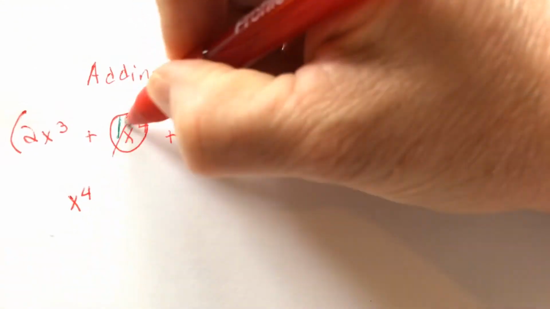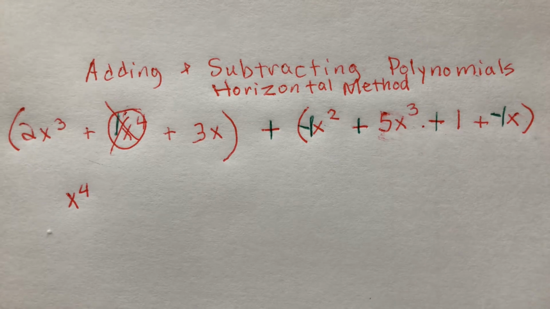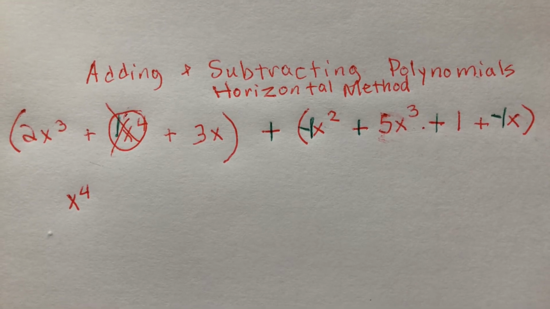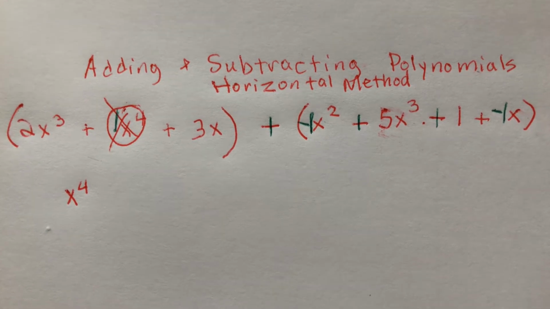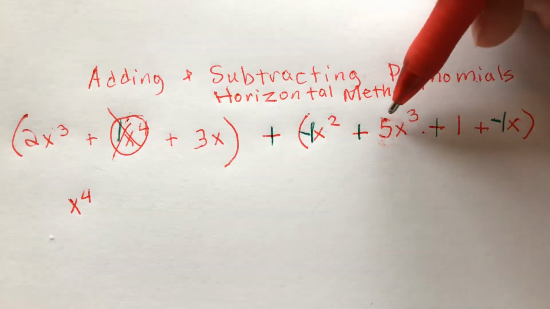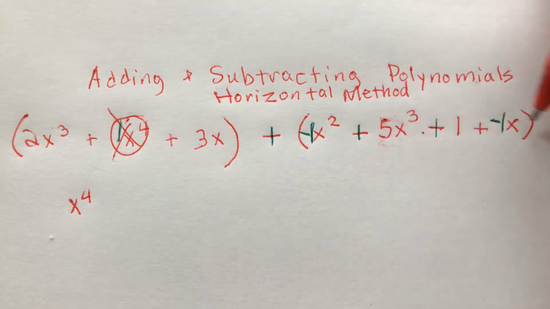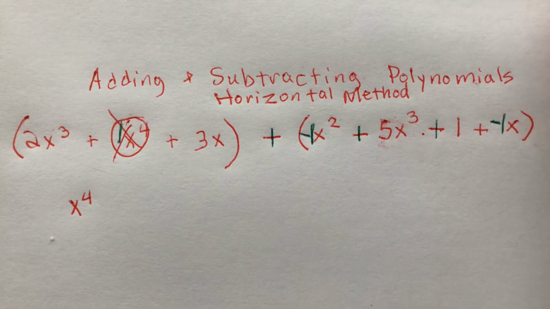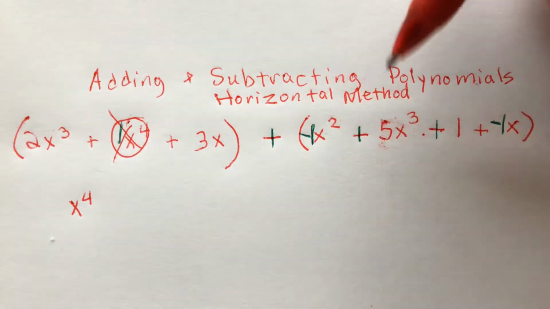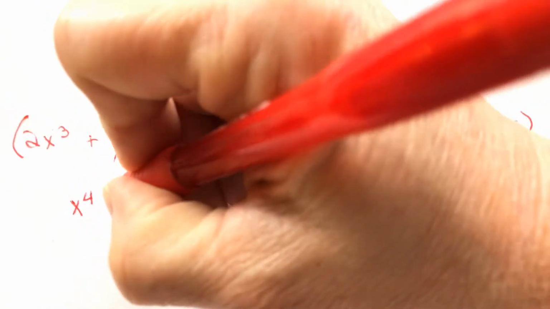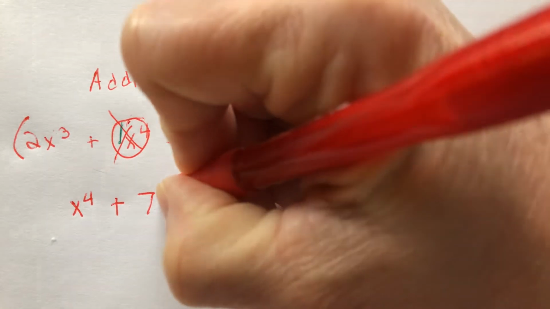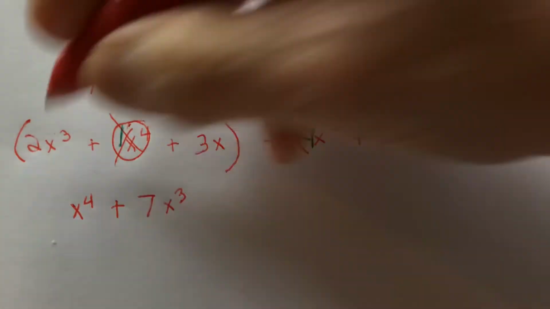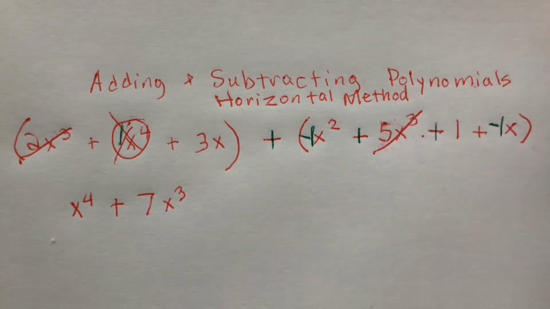Now, I've already done that one, so I'm going to do another one. The next highest term is x cubed. So I've got a 2x cubed and a 5x cubed here. If I had any more x cubed anywhere else, I'd add those too. 2x cubed plus 5x cubed, that is 7x cubed. Now, I'm going to cross those out.